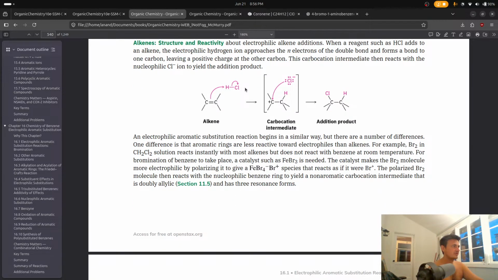An electrophilic aromatic substitution reaction begins in a similar way, but there are a number of differences. One difference is that aromatic rings are less reactive towards electrophiles than alkenes. For example, bromine in DCM reacts instantly with most alkenes, but does not react with benzene at room temperature.